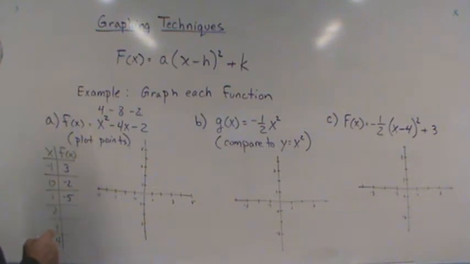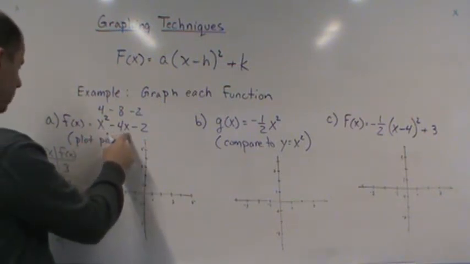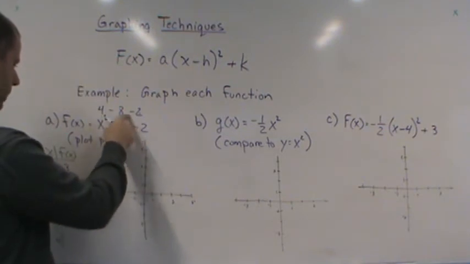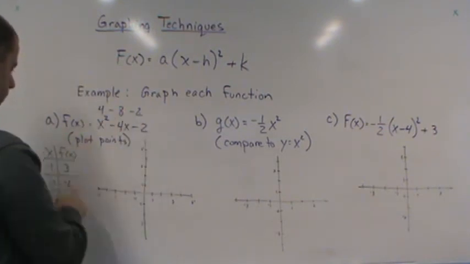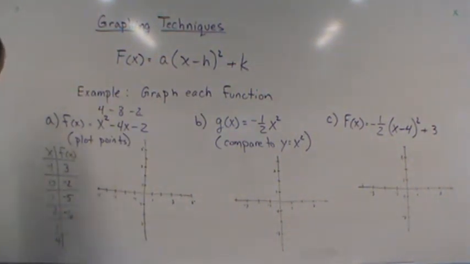Let me make sure I did that right. 4 minus 8, good, minus 2. So we get minus 6.